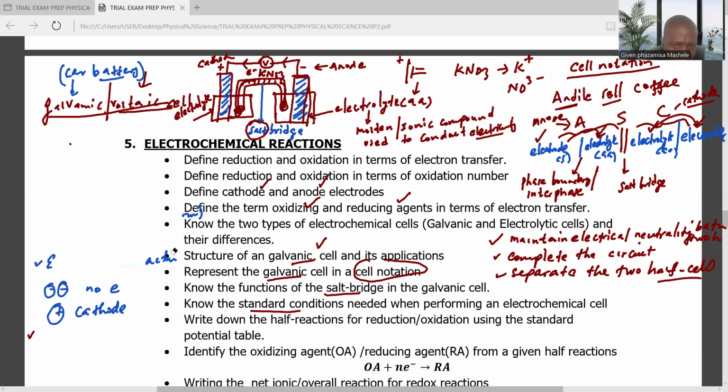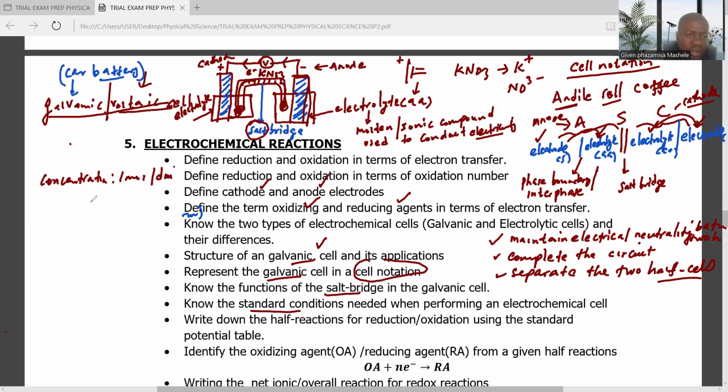Number one, electrolytes, which are aqueous solutions, must have a concentration of 1 mole per decimeter cubed. Also the temperature should be 25 degrees Celsius, or also in Kelvin.